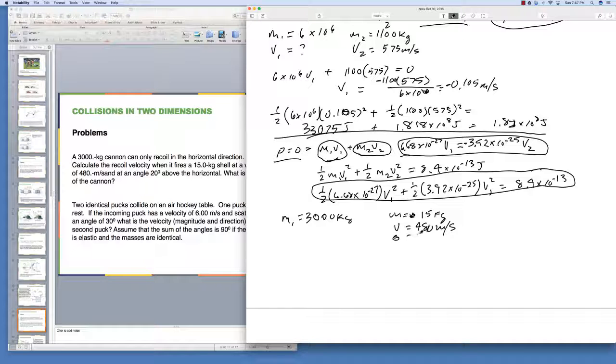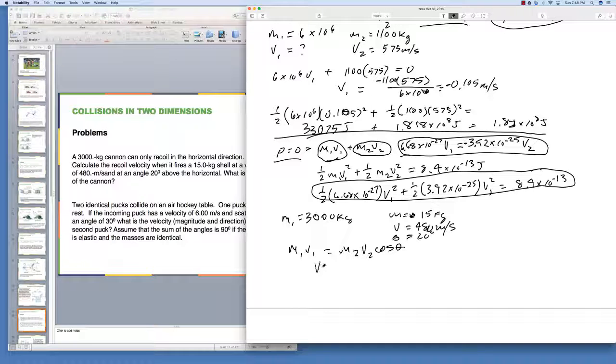The X component is the cosine. So M1 V1 of the cannon is going to equal M2 V2 of the cannonball times the cosine of theta. And so V1 of the cannon is going to equal all this divided by M1.